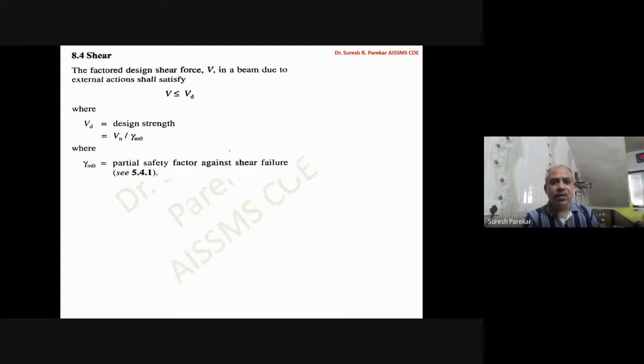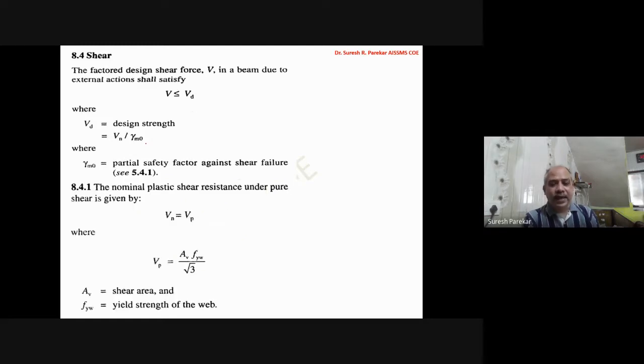So now we will go with shear. How will we calculate the factored design shear force? Again, V less than or equal to Vd. First, V is due to external actions, external loads, and second, Vd is the strength of the member. How will we calculate this? It is given as Vn upon gamma m0, from Table 5. And how will we calculate Vn?